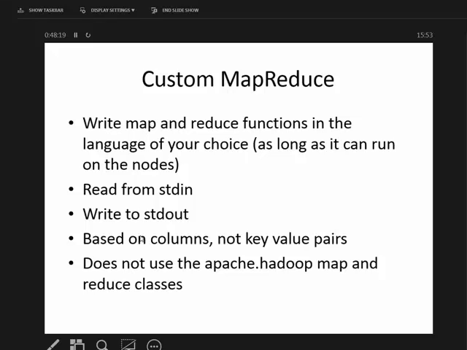So your program just keeps reading it from standard in, and then instead of emitting, it just writes it to standard out, and again Hive collects it from there and makes sure it goes off to the right place in the MapReduce process. And that's what really frees you up to use other programming languages, because as long as your programming language can read from standard in and write standard out, and all of them can, and of course the nodes know how to run it, then you're freed up.